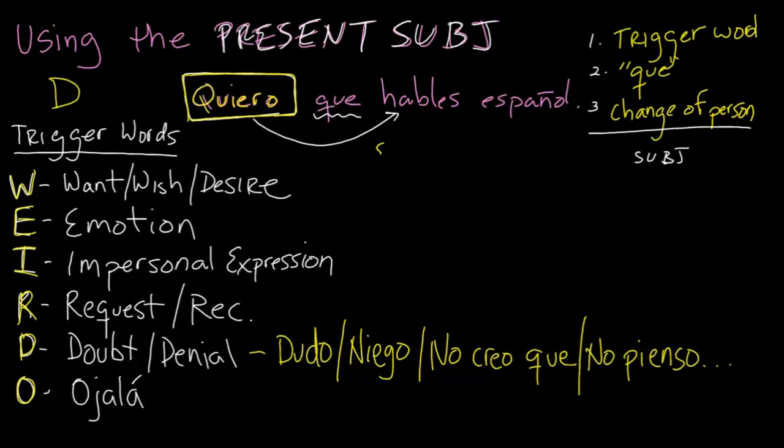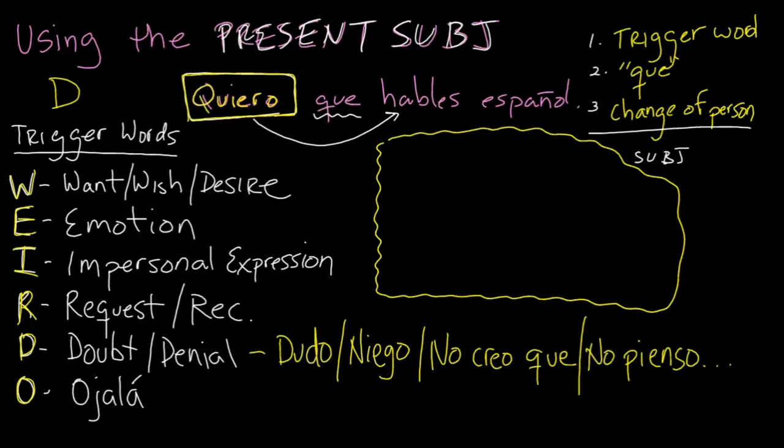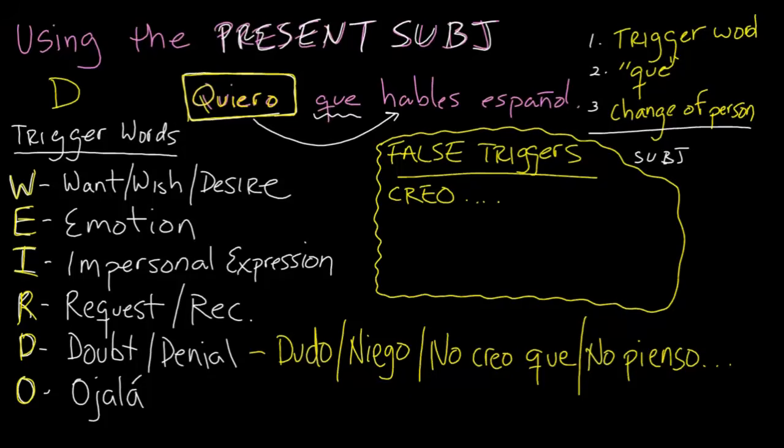And you know what? I'm going to put them in their own box because I don't want these false friends to get out of this box. We need to keep them in their special place. So some false trigger words are creo or pienso.